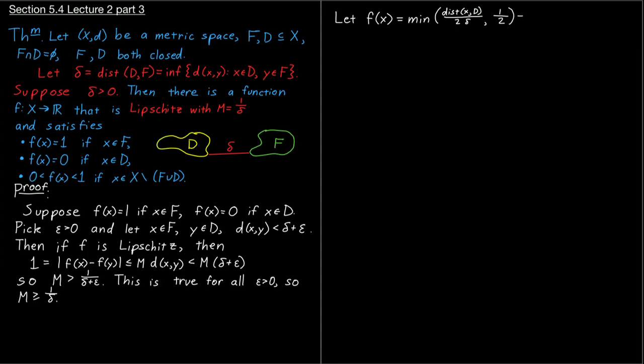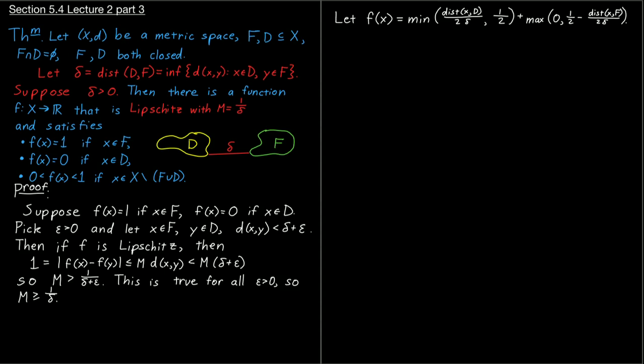And then you're going to add to that either 0 or 1/2 minus the distance from x to F over 2 delta, and then you subtract that from 1/2.